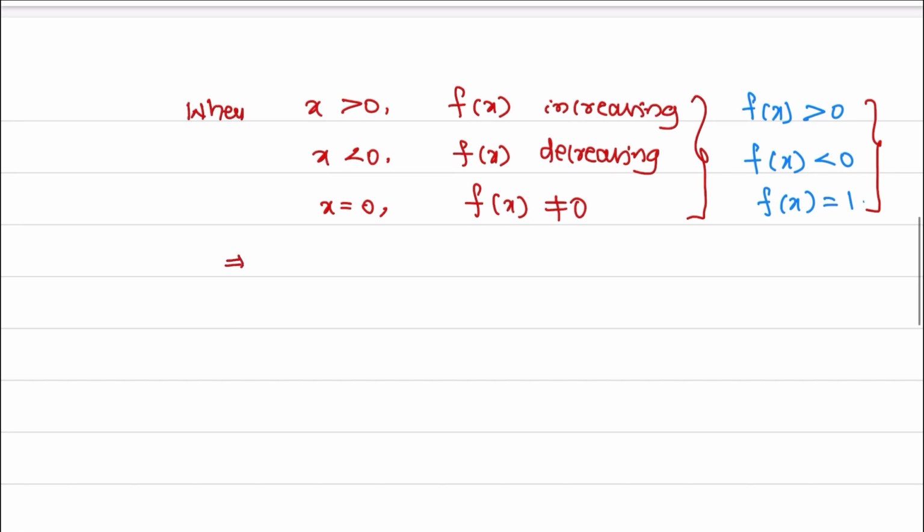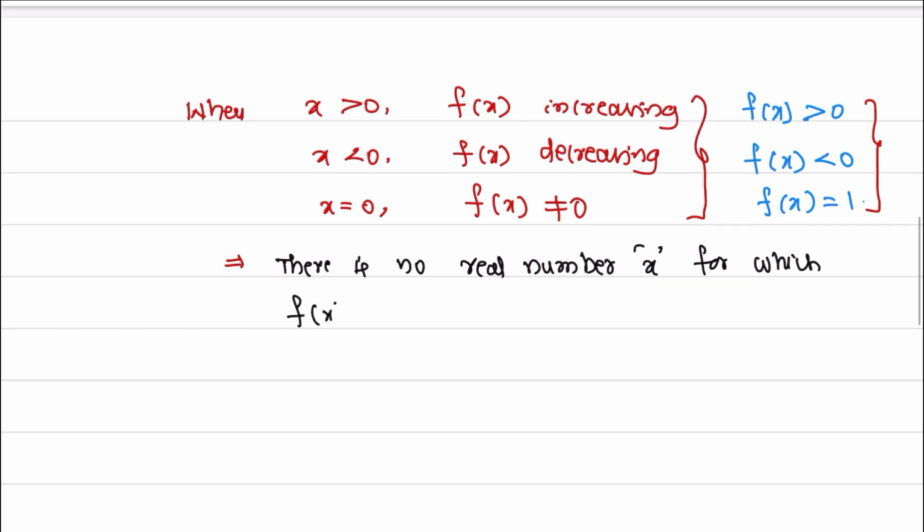That means there is no real number x for which function f(x) is equal to 0. That implies function f(x) does not have a real solution.